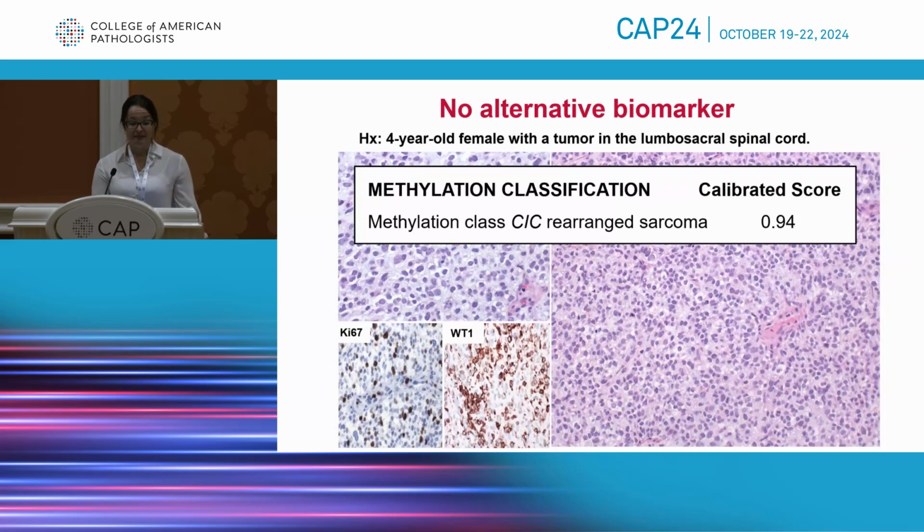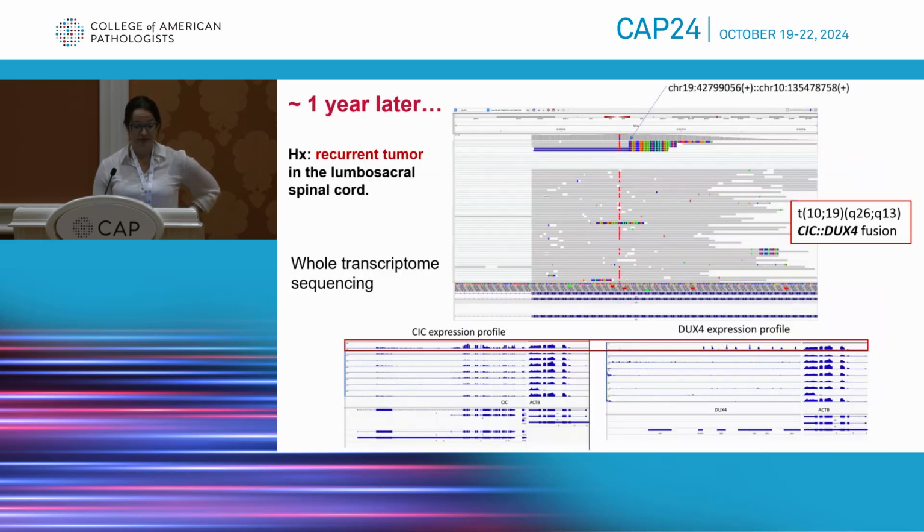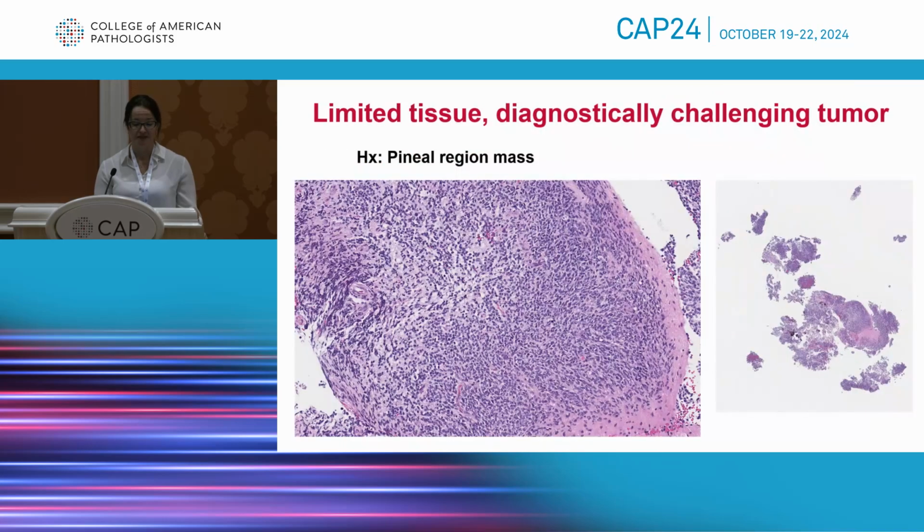But luckily, DNA methylation profiling was helpful, and we have done a series of cases now which shows that DNA methylation profiling in CIC can actually be very helpful as a diagnostic approach with some caveats, which we won't have time to discuss. We can talk about that later. And unfortunately, because these tumors recur so much, 1 year later, the same patient came, we did the RNA sequencing, and then we were able to detect the fusion. So DNA methylation profiling can be helpful when you don't have any other alternative for certain tumor types.